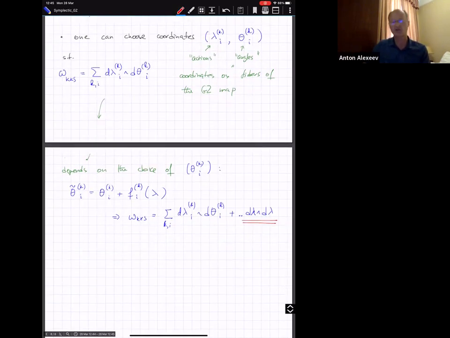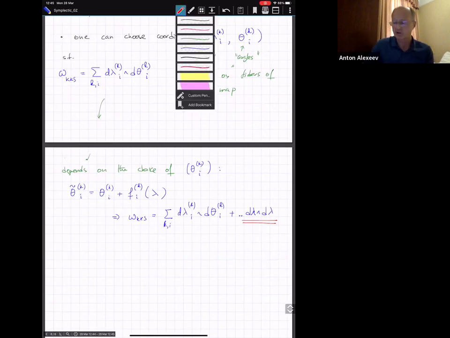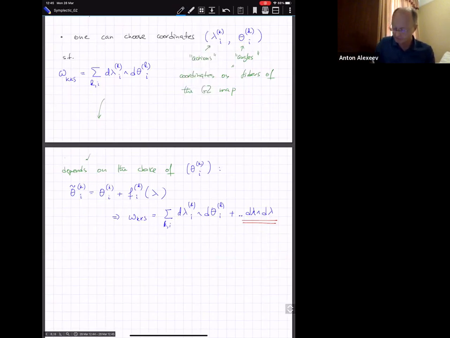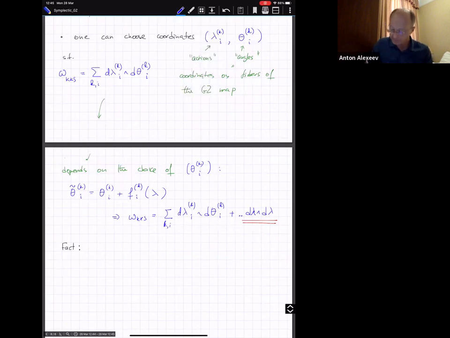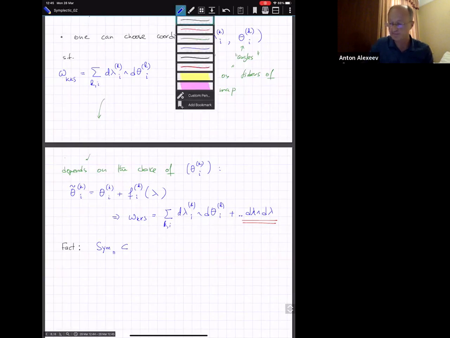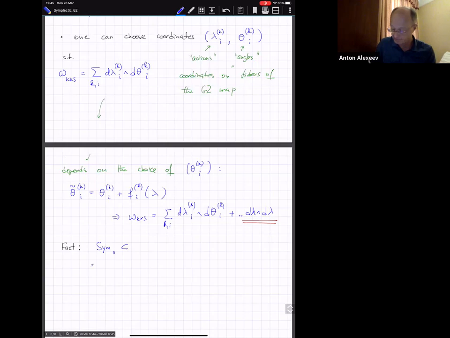So let me just tell you in words how to choose those, or maybe part of the good choice. We basically need to choose where your thetas are equal to 0. And for that, you notice that n by n symmetric matrices, the matrices with real entries, so here psi ij, they are all real, is sitting inside H_n.